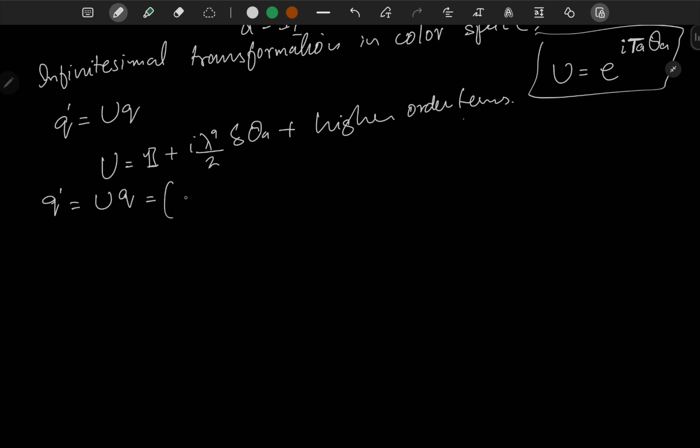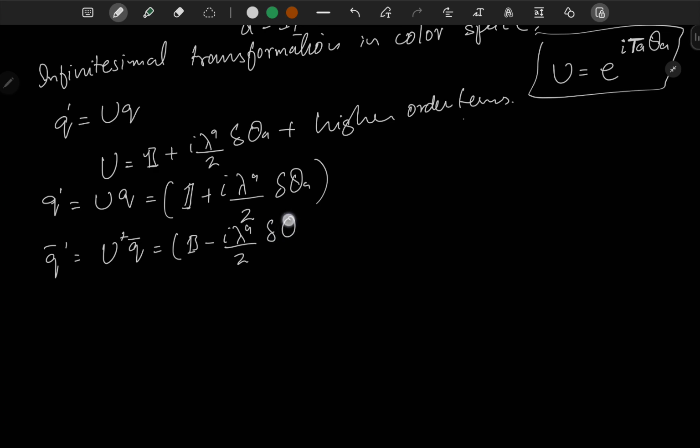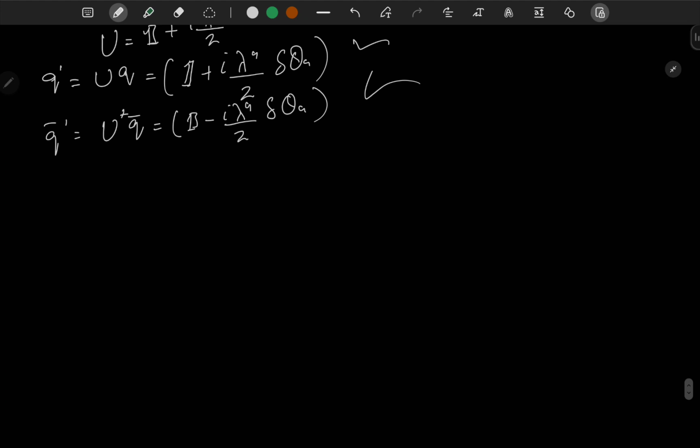So we can rewrite this as lambda A divided by 2 delta theta A, and for U bar we can write like this: 1 minus iota lambda A divided by 2 delta theta A. So this is the transformation.